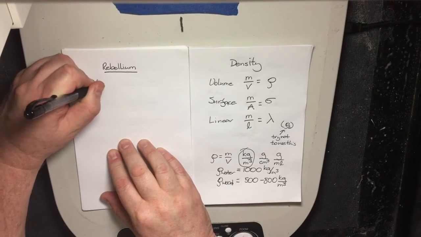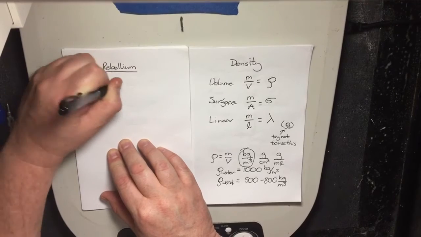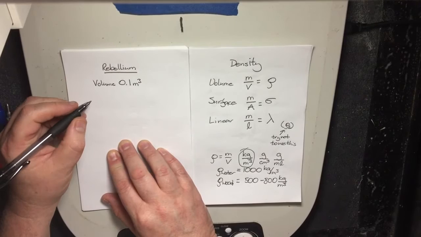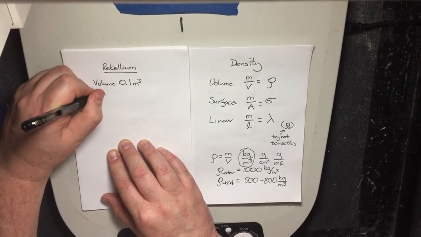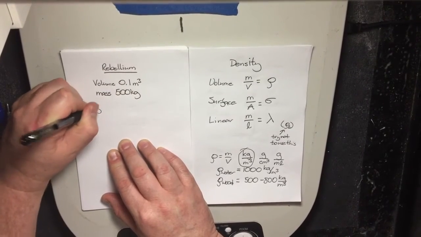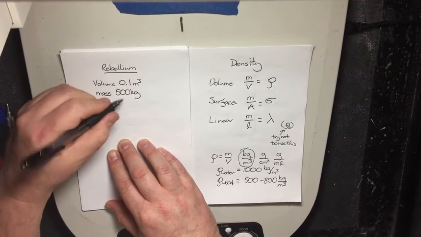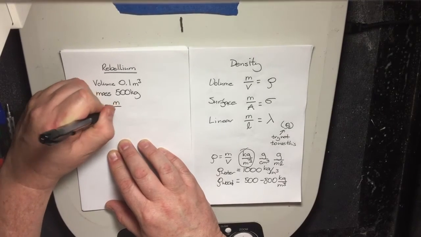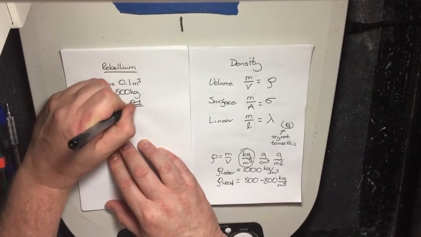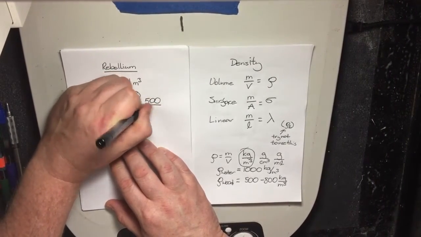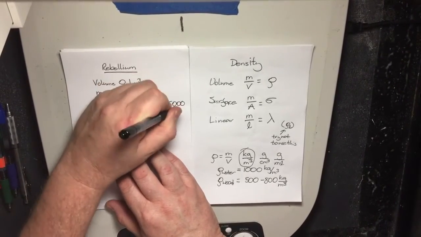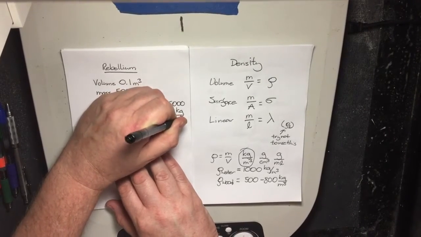As an example, let's say we had a sample of rebellium that was 0.1 cubic meter and had a mass of 500 kilograms. The density of this rebellium is mass divided by volume: 500 divided by 0.1, or 5,000 kilograms per cubic meter.